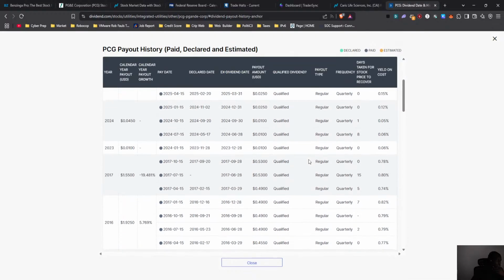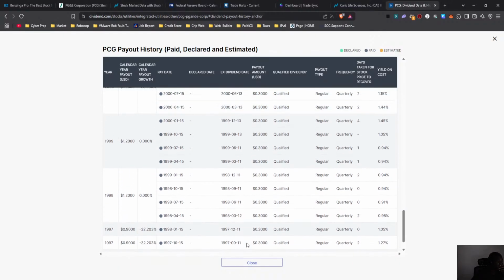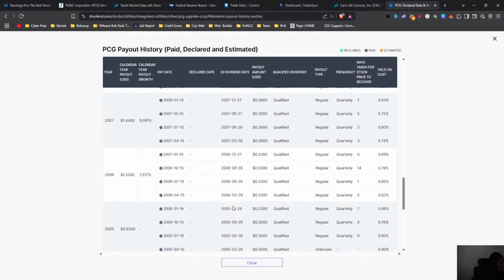Okay, let's see what they got over here. This is the company that had the fires in California, paying out 30 cents per quarter starting in 1997. 30 cents, 33 cents.